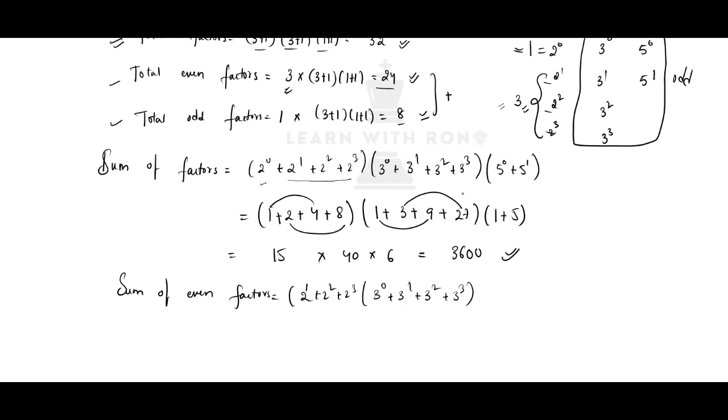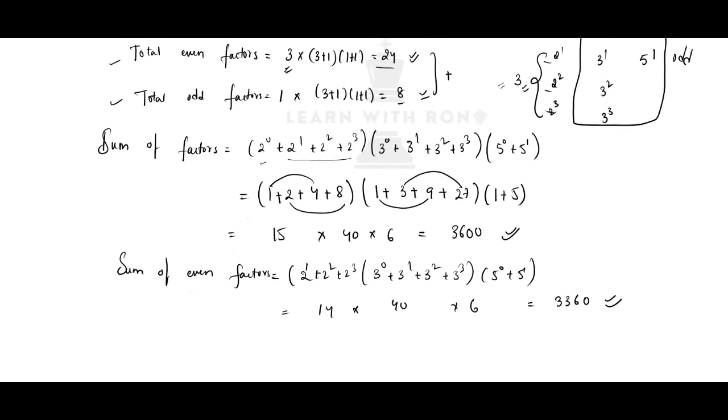Why? Because these are odd numbers. So even multiplied with odd, you'll get an even factor. So 5 power 0, 5 power 1. So here 15, we just took 1. So 14 multiplied with the same, here 40, here 6. How much did we get? 14 fours, how much? 40 plus 16, 56. 56 times 6, how much? 336. So 336, we got 0.